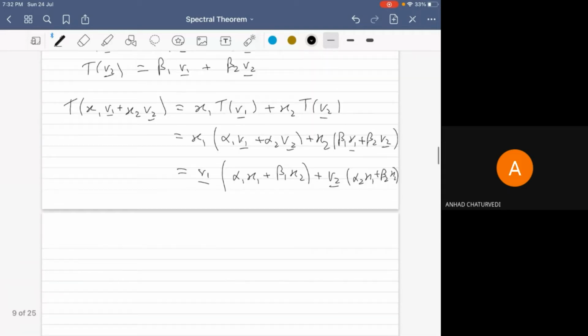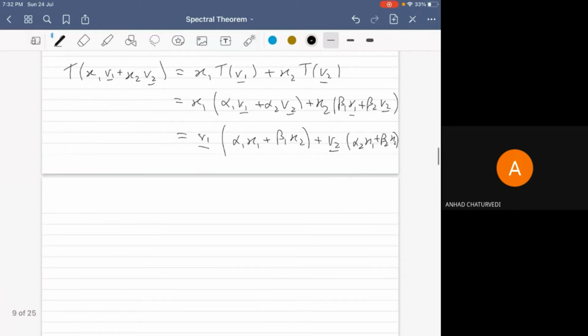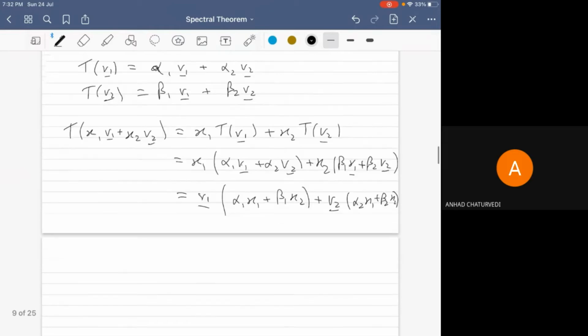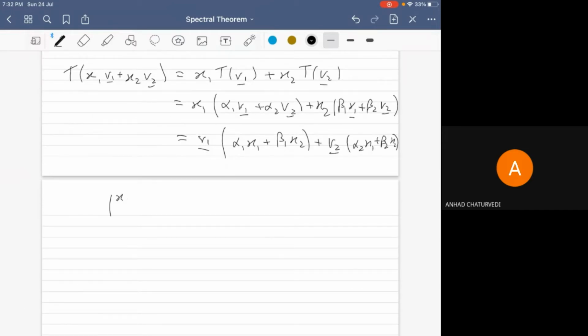Which means that if we coordinatize the space, then the coordinate vector x1, x2 gets sent to this thing.